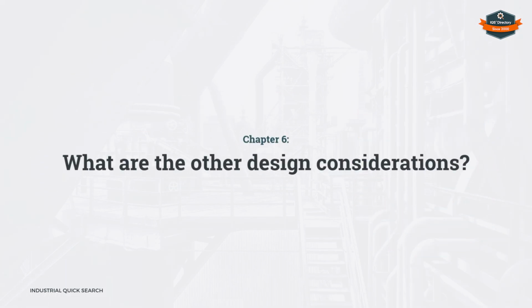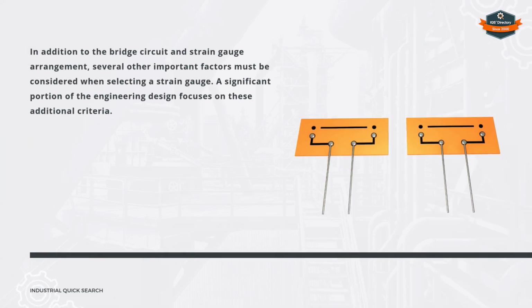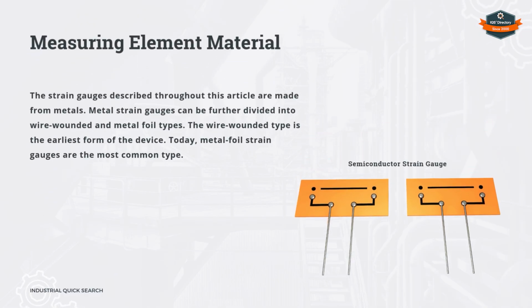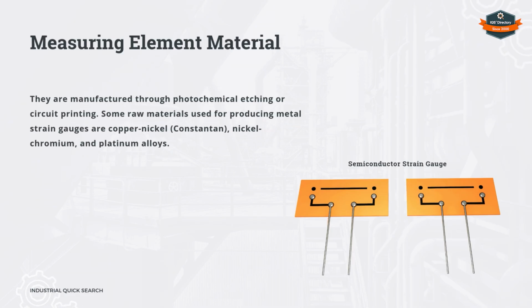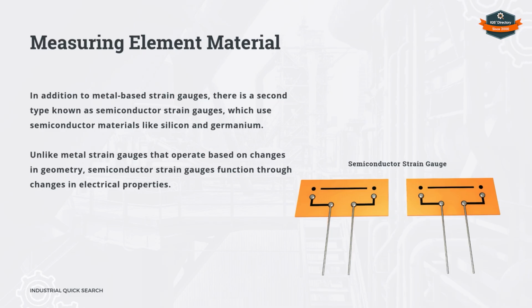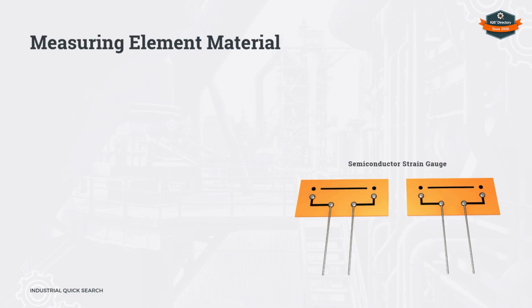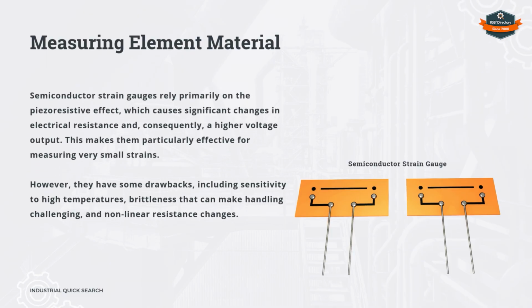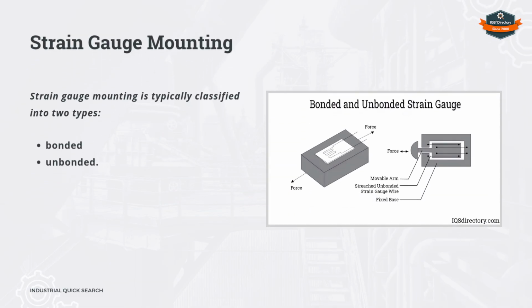Chapter 6. What are the other design considerations? Measuring element material. Strain gauge mounting.